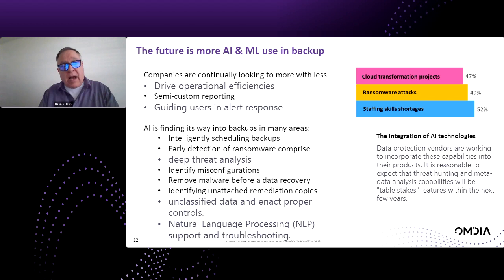Those reports were kind of canned, as I talked about, there were 10 different reports or so. But using AI, you could start talking about semi-custom reporting, right? You can maybe create your own report with the AI. And guiding users with alert response, those are the easy ones, right?